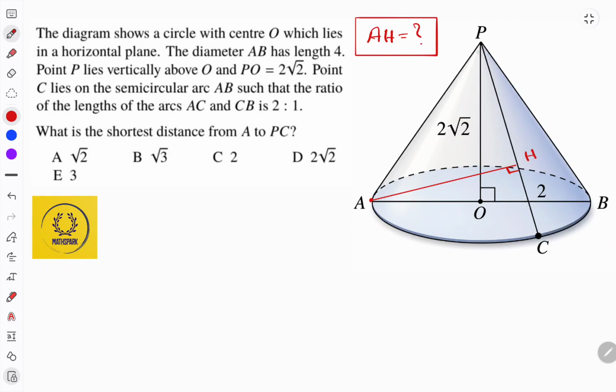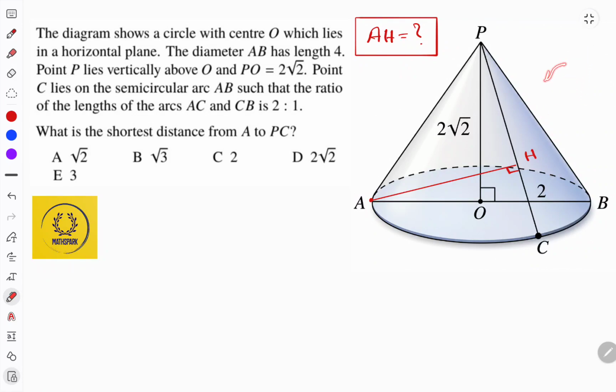Okay. Because PO is perpendicular to this circular base, we can consider this figure a cone. PO is going to be the height of this cone, and PB or PC are slants of this cone.